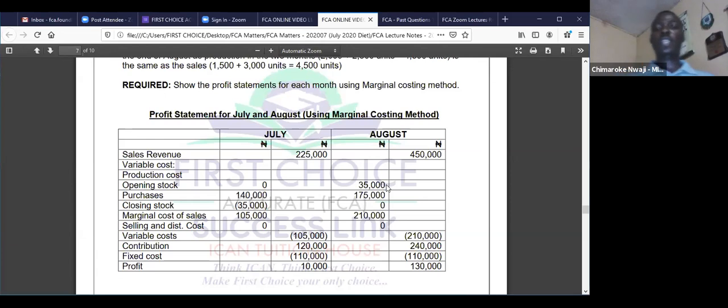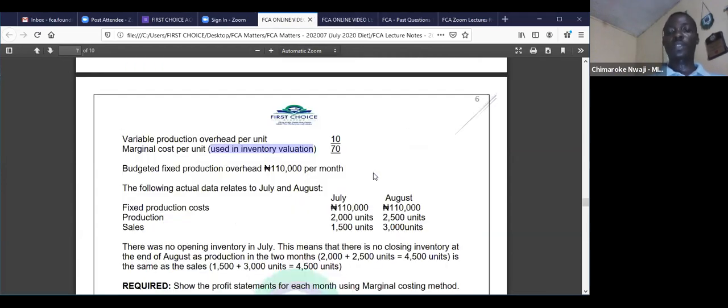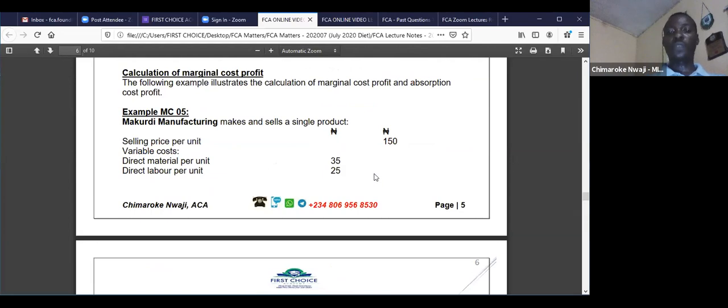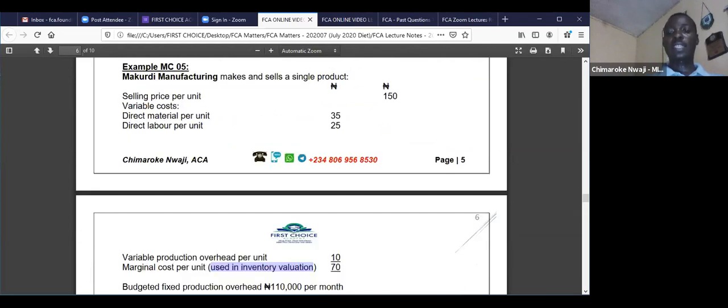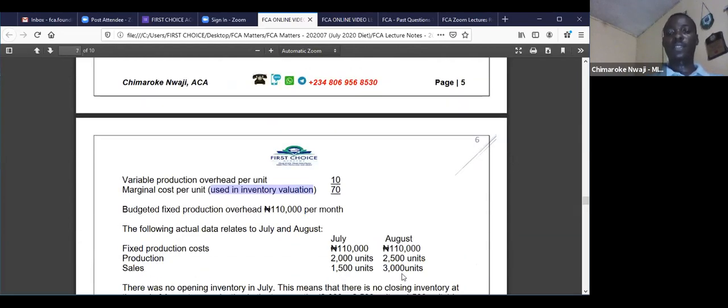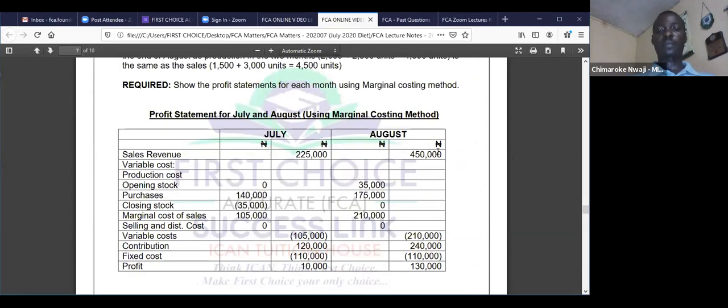Then we go to the next month, which is August. Our sales revenue from the question, we were told that the selling price is 150. And how many did they sell? They sold 3,000 units. So I simply say 150 multiplied by 3,000 units gives me 450,000, which is what we have here.